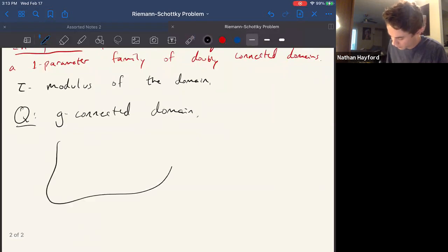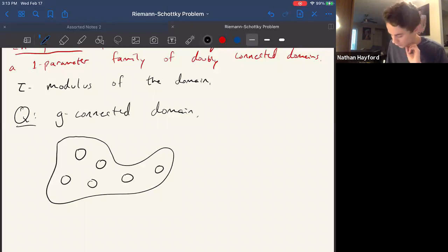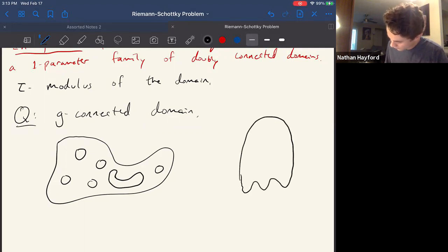So here's one G-connected domain for right now. There are G holes in this domain, and they don't have to be circles. They can be like that, or maybe like that. So clearly these domains won't be equivalent if they have different numbers of holes.